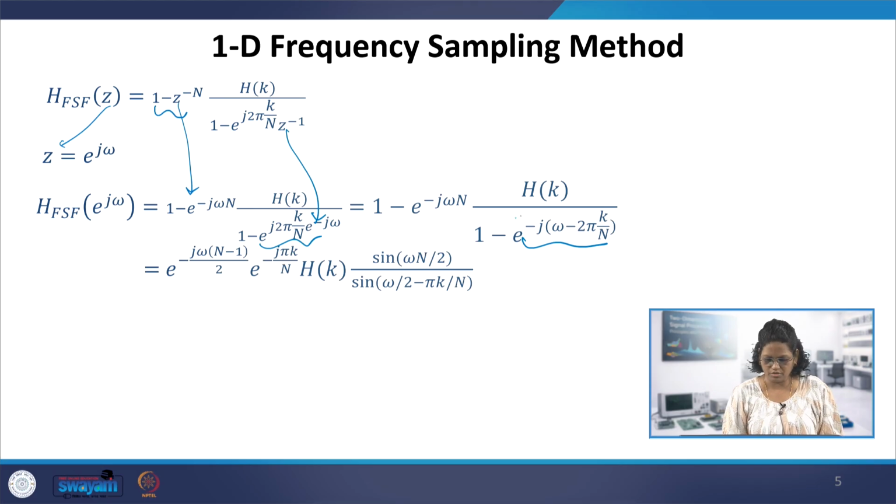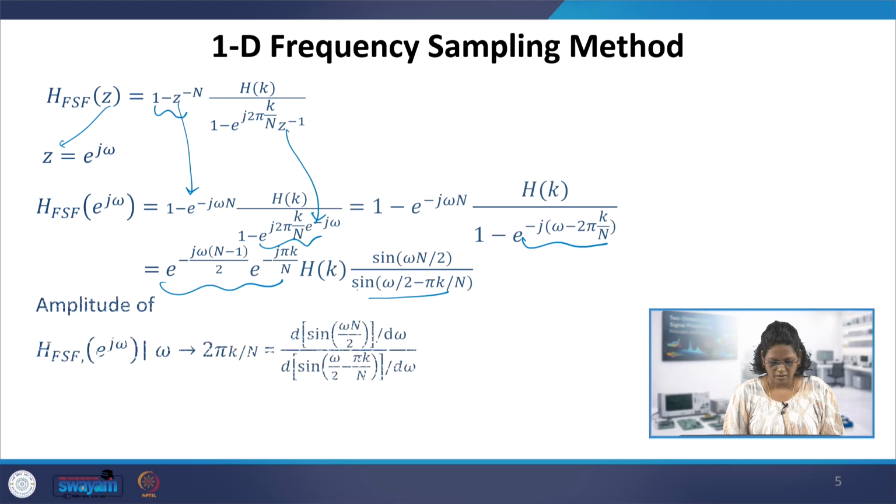We can always have this 1 minus e power minus j omega n by 2 and simplify it. It can be simplified to get the sine by sine, or a sinc function, for this one resonator, and this is the phase portion of it, the phase terms, and this is the magnitude or amplitude term. So to get the amplitude term alone, this would contribute only in the phase term. This equation is a simplification of this by having the n by 2 and so on.